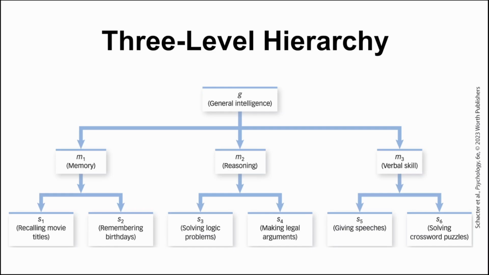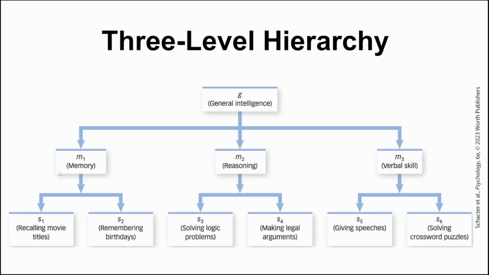That's because if this is a specific ability to a specific task, then there are as many S's as there are different cognitive tasks that we might put to an individual. So we're not trying to label all of these. And you'll notice things like recalling movie titles and remembering birthdays are very, very specific. That's why.